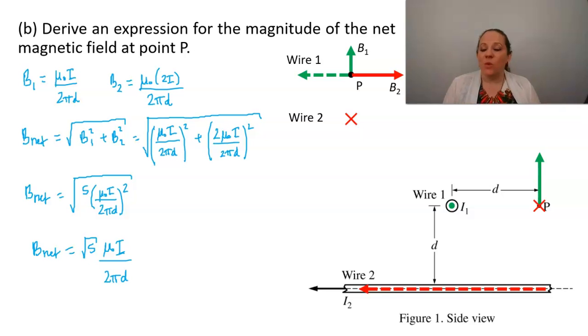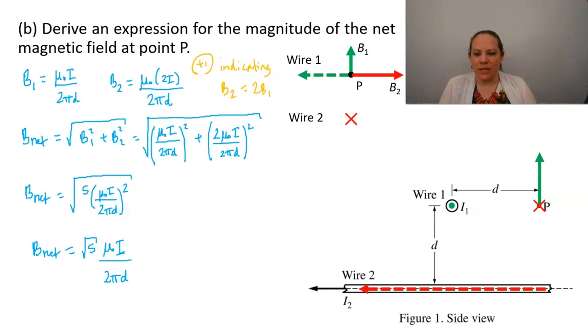So now let's talk about scoring. Here we're going to have a point for indicating that B2 is equal to twice B1.